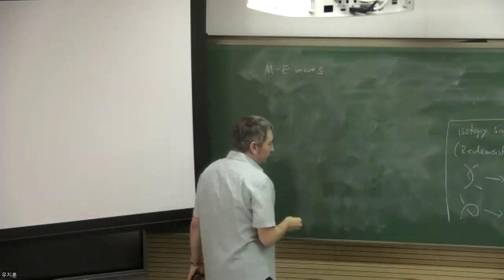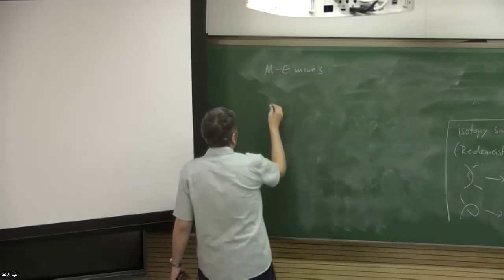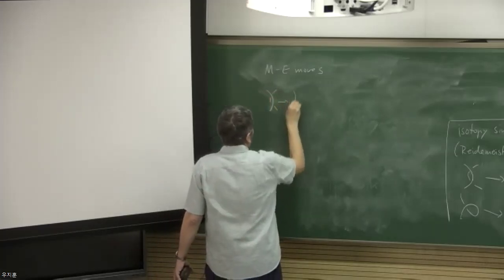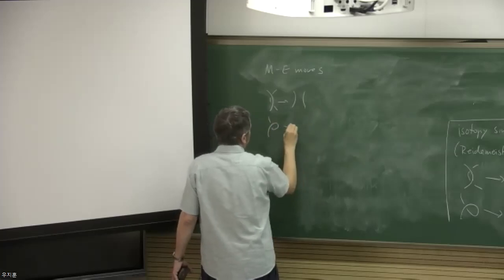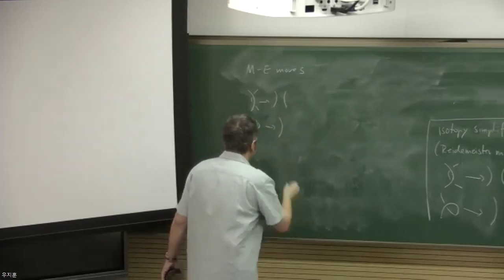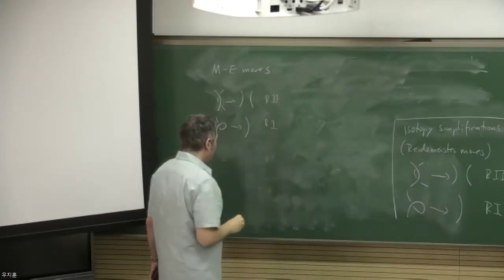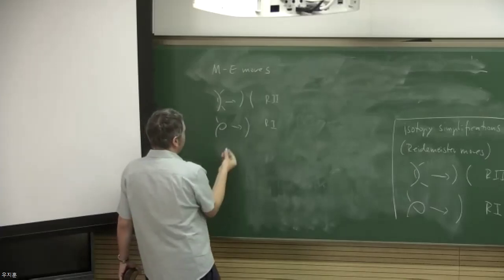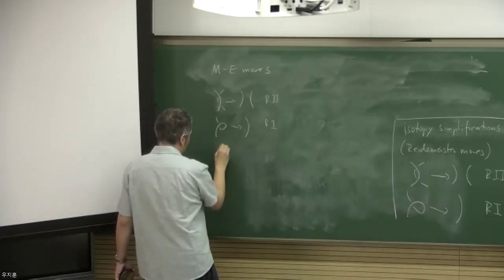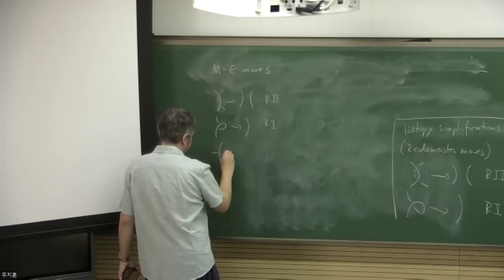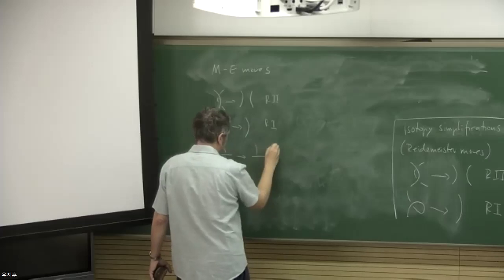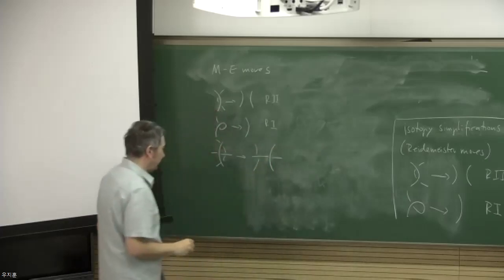So you have first a certain family of obvious moves. You have the Reidemeister 2 and the Reidemeister 1, and then they use some more subtle things like something like that.